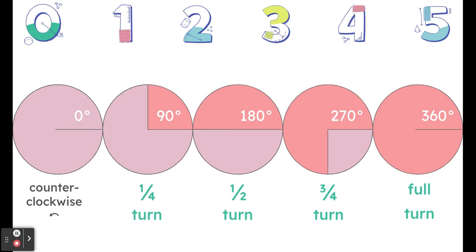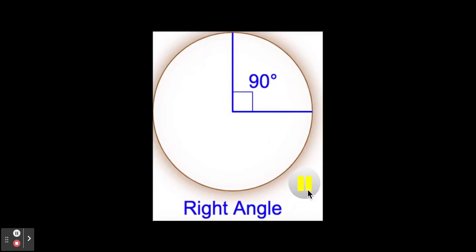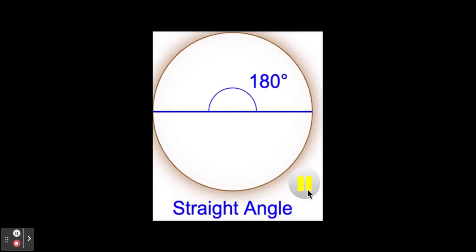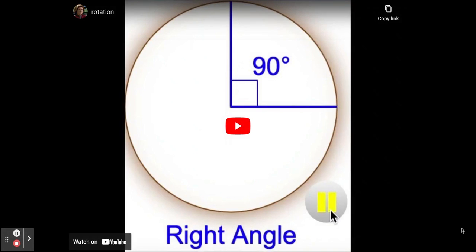Now, let's watch an animated version of a full 360-degree rotation just to make it all make sense. I hope these angle names are bringing back some memories from our angles unit.